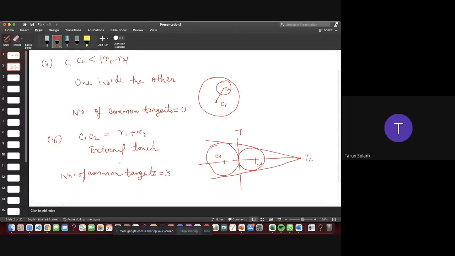So here the circles are touching externally. So that means we will get the number of common tangents as 3, because this one, the middle one, and these two ones. Okay. So the number of common tangents is equal to 3. So these two properties are the topic. Then we'll move to the next.